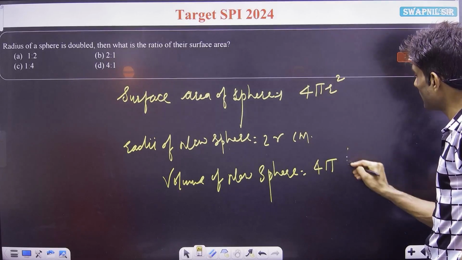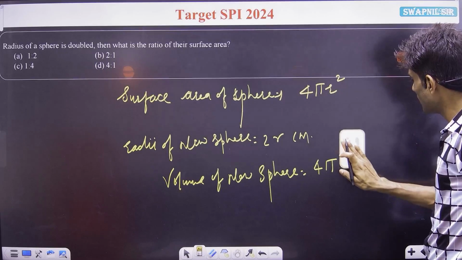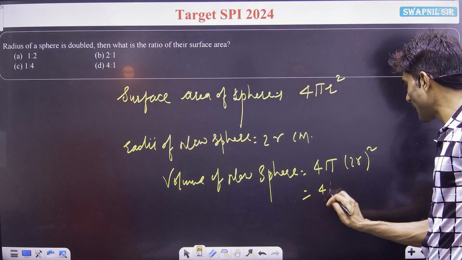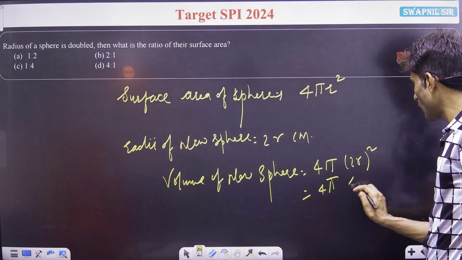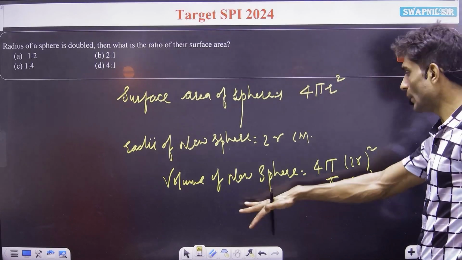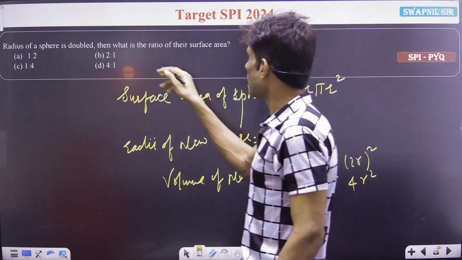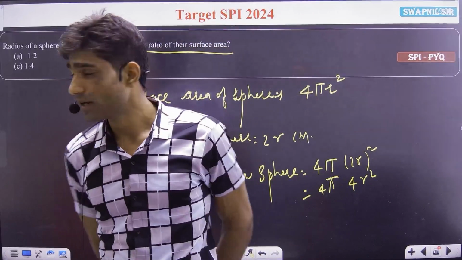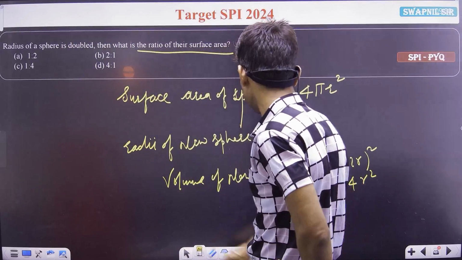The radius is doubled, that means 2 times r square, where r is replaced by 2r square. That means 4 pi into 4r square. Okay, this is the volume of a new sphere. And we want the surface area. Sorry, it is not the volume, it is the surface area of the new sphere.